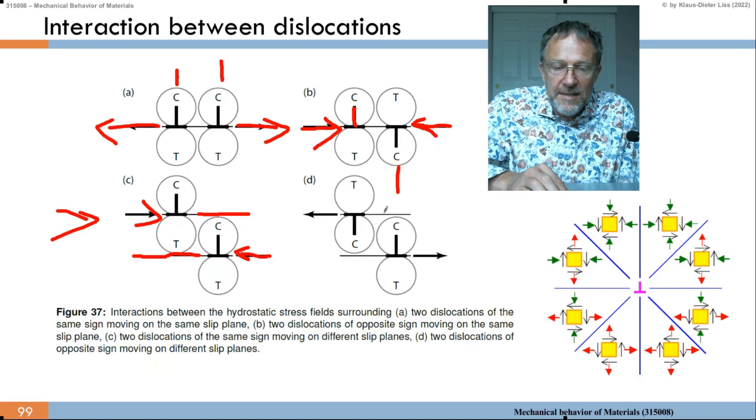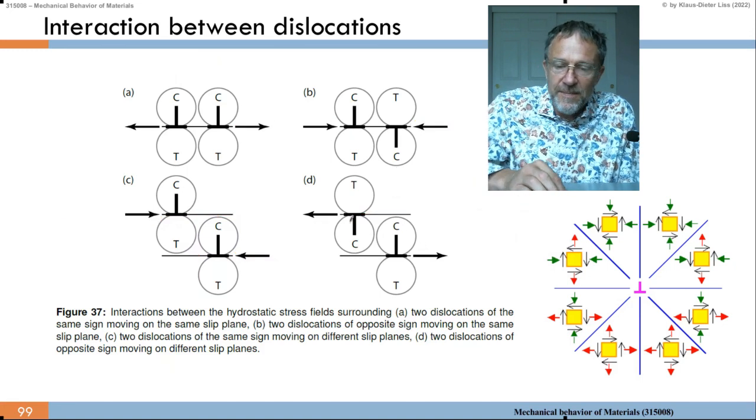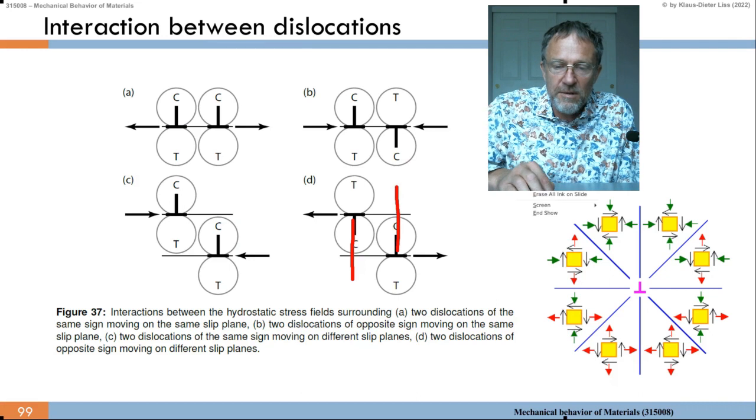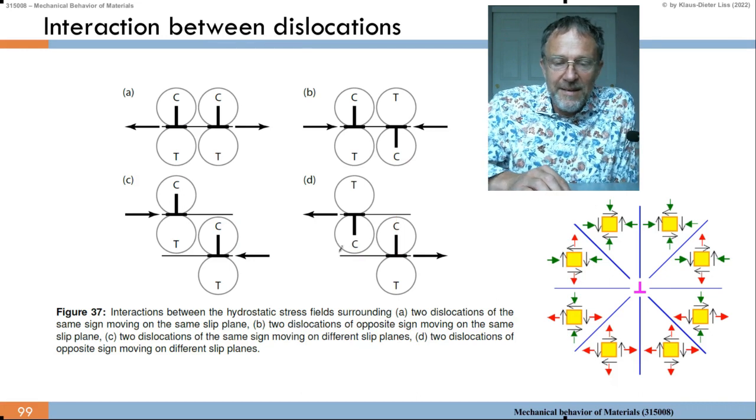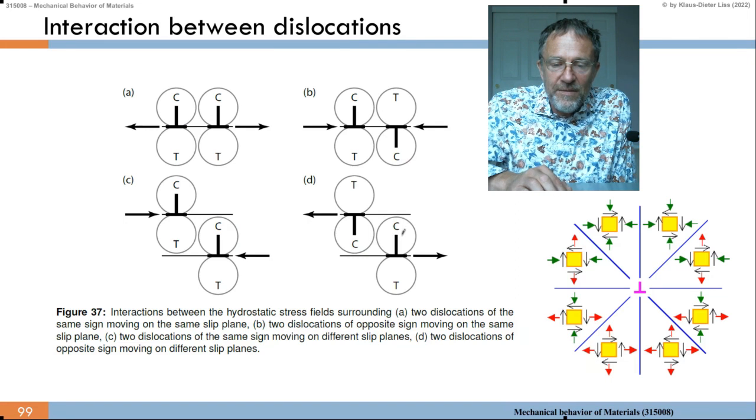Or else, here we have the situation where we have a plane inserted from the bottom and a plane inserted from the top, and you see that the compressive stress fields would overlap if I bring them together.